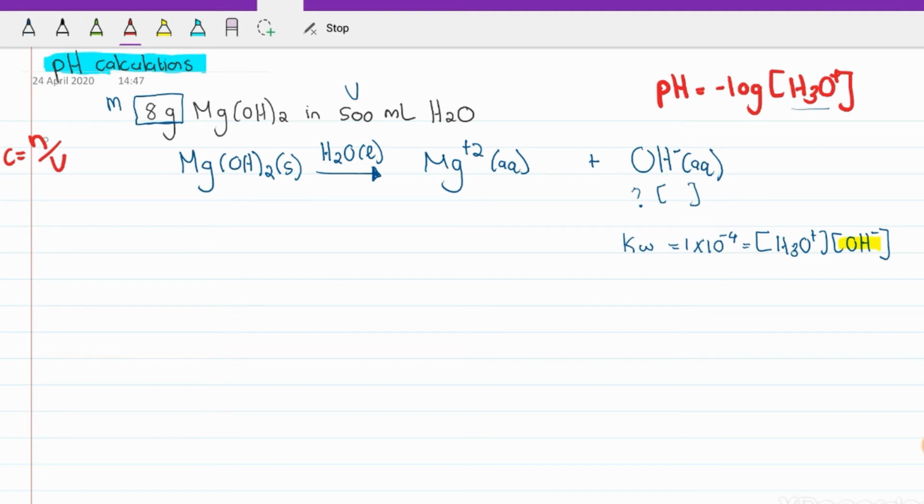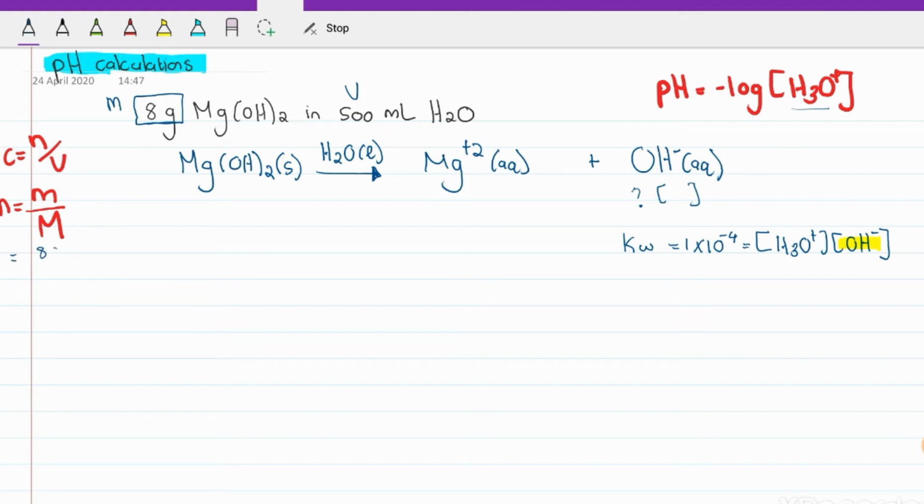So we need to calculate the moles first, and to calculate the moles, you have to take the mass divided by the molar mass, which is basically your atomic mass that you can get on the periodic table.